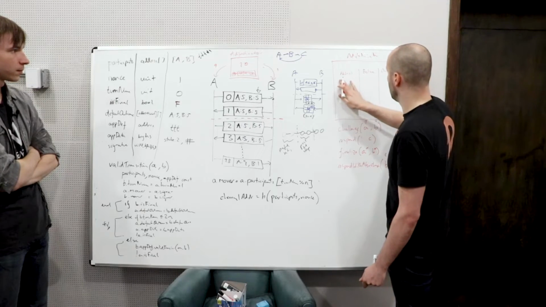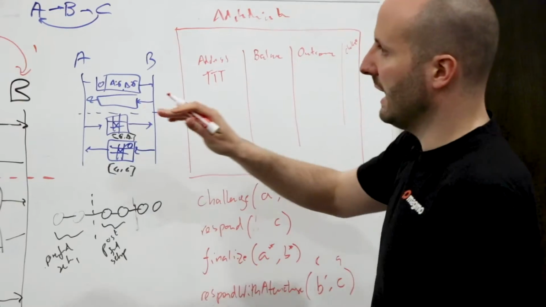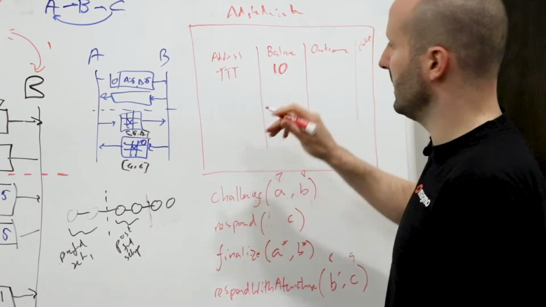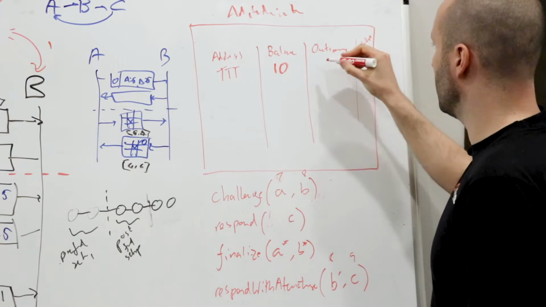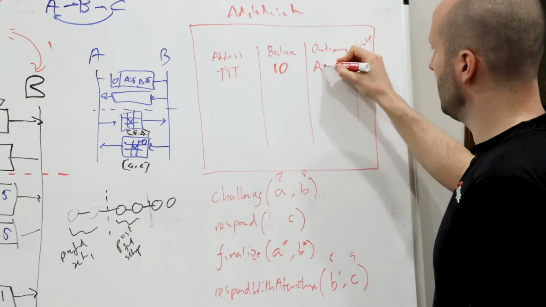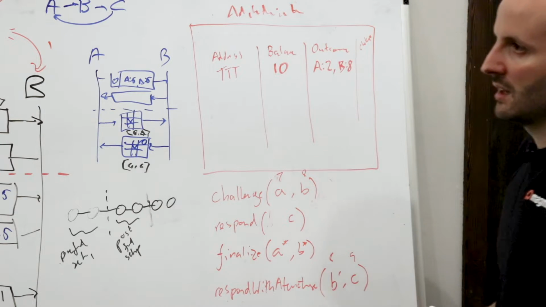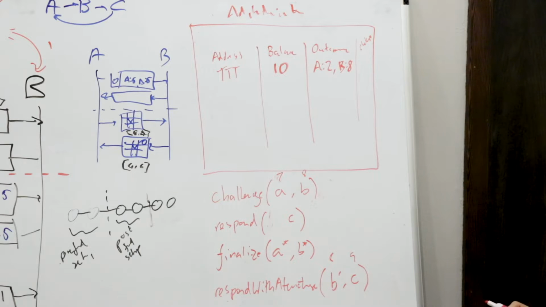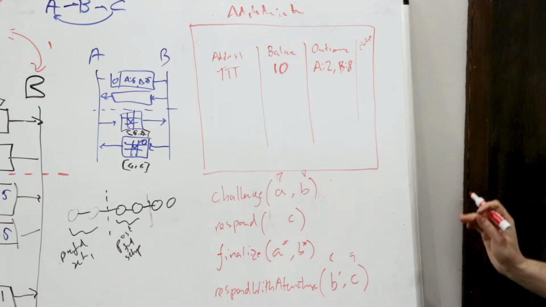Say I've got this tic-tac-toe game, and it's got 10 in it. Alice deposited and Bob deposited, and somehow I've got this outcome where Alice gets 2 and Bob gets 8. How do we actually get this to Alice and Bob?